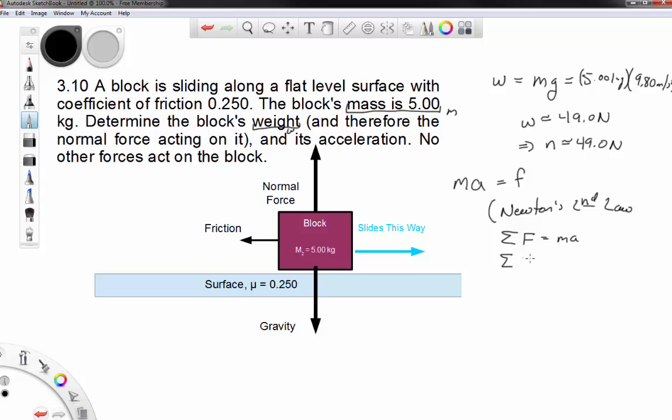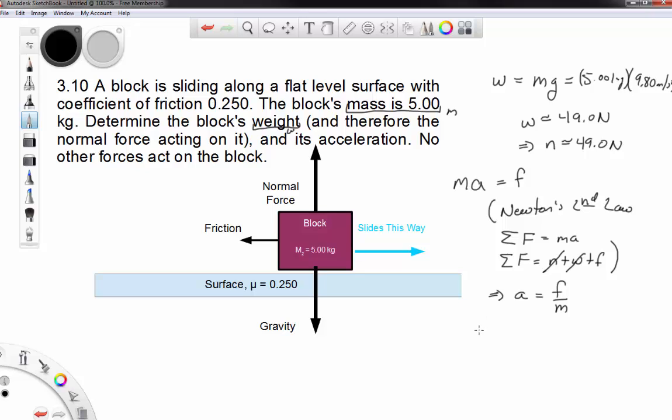In this case, the forces are the normal force, the weight, and friction. The normal force and the weight are in opposite directions and of equal magnitude, so they go away, and you're left with little f friction is equal to mass times acceleration. That means that the acceleration should be the friction divided by the mass.